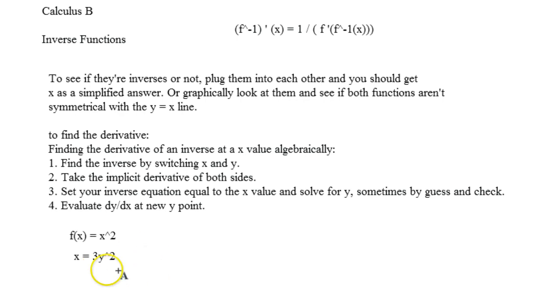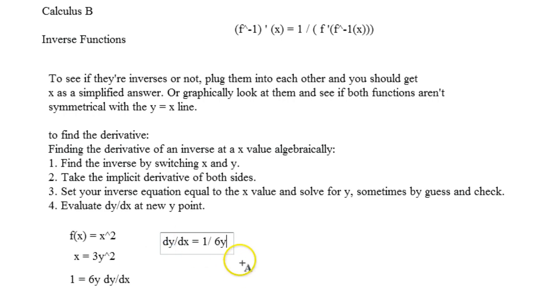And then I'm going to do the implicit derivative of both sides. So this would be 1 equals 6y dy/dx. And so therefore dy/dx would be 1 over 6y.